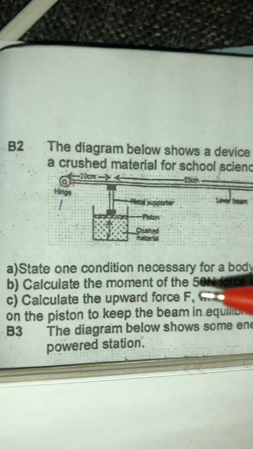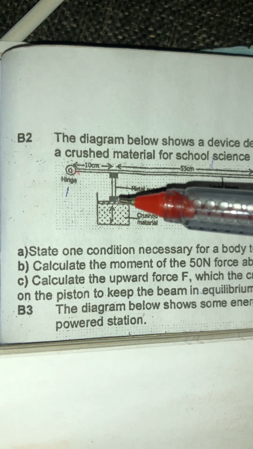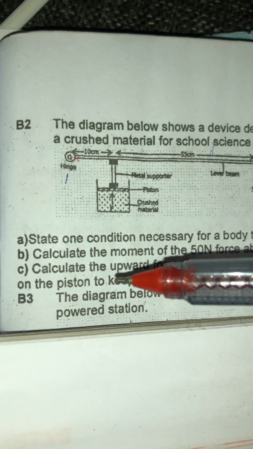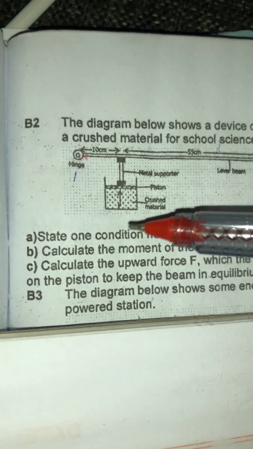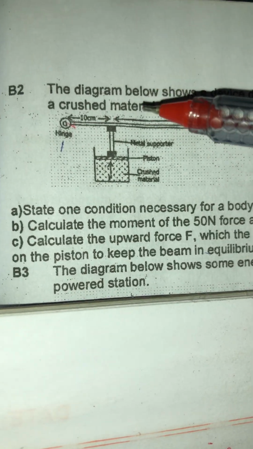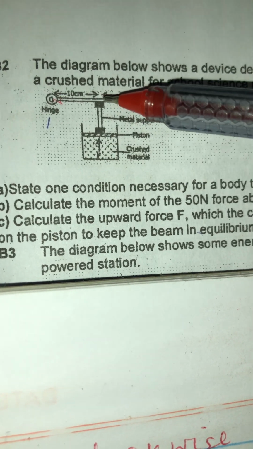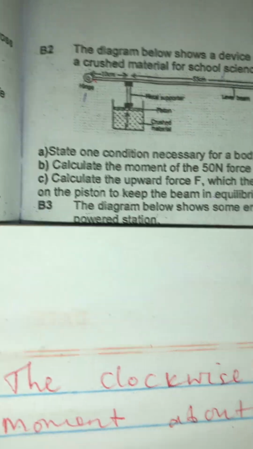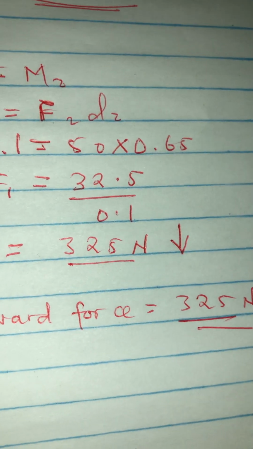Because according to Newton's third law of motion, to every downward force there is an equal and opposite upward force acting in the opposite direction. So there is this opposite force acting upward. So that's why we're saying upward force is equal to 325 Newton.